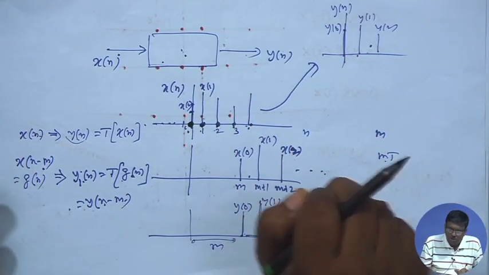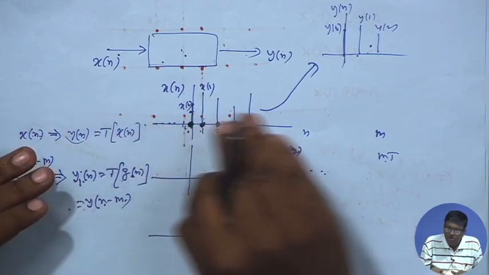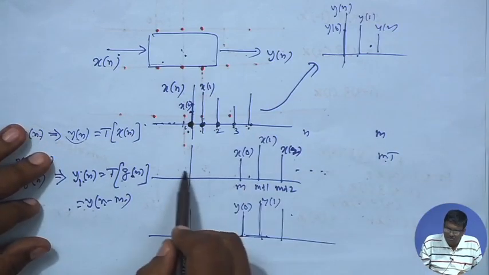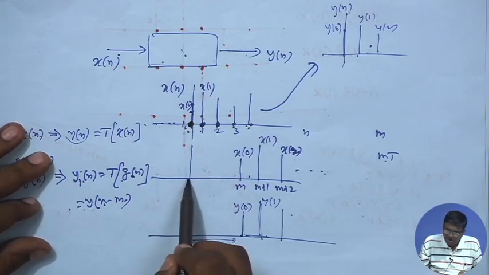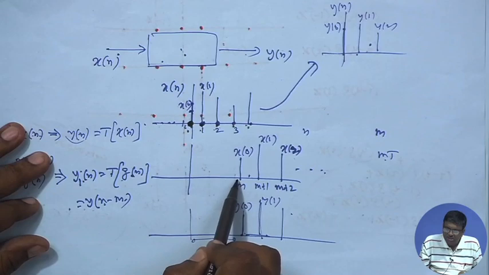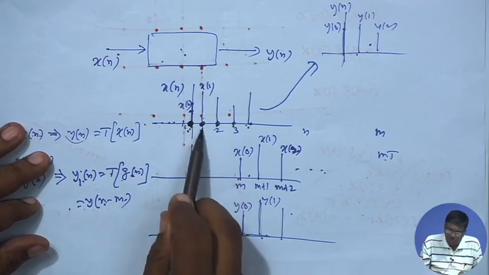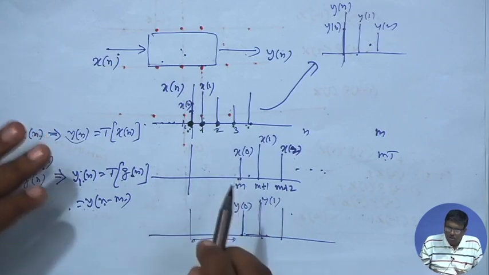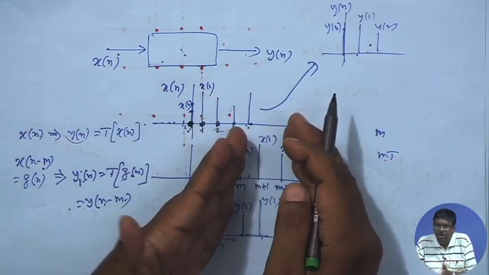Okay. Now, the question is, if this sequence is delayed in the time domain, that is shifted. Shifted means I shift it by, say, m number of points. So, 0 goes to m, 1 goes to 1 plus m, that is m plus 1, 2 goes to m plus 2. So, you see I have just shifted the same sequence.